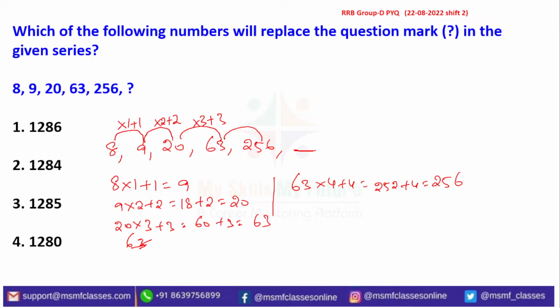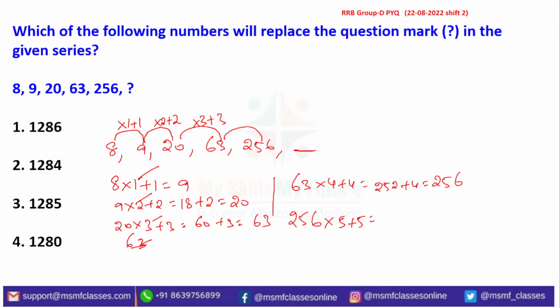So the pattern is into 1 plus 1, into 2 plus 2, into 3 plus 3, into 4 plus 4. The next number is into 5 plus 5, so we take half of this number and multiply with 10.